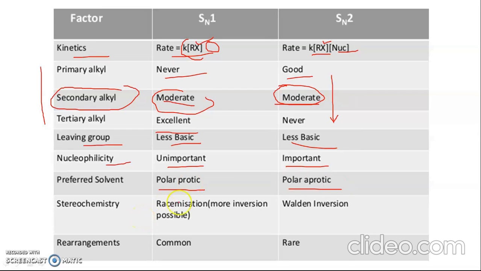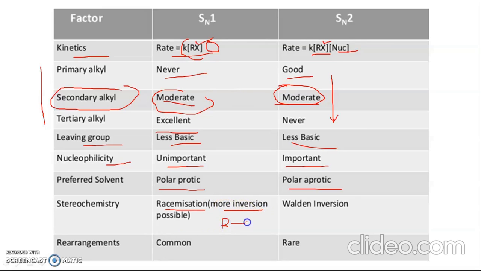Then what about the stereochemistry? We observe racemization in SN1 because there is a carbocation intermediate, which has planar configuration, and the nucleophile can attack from both sides, so there is a 50% chance of each stereochemistry. But in brackets it is written that more inversion is possible.